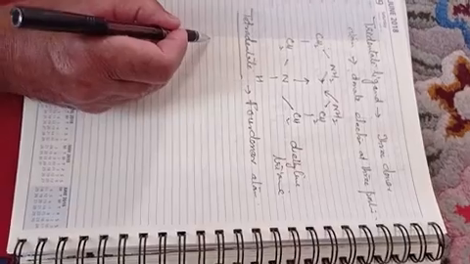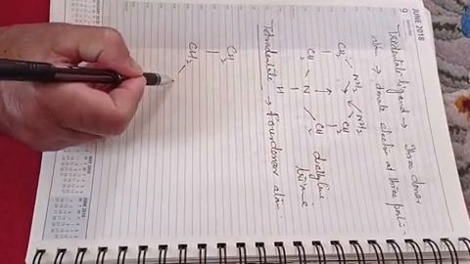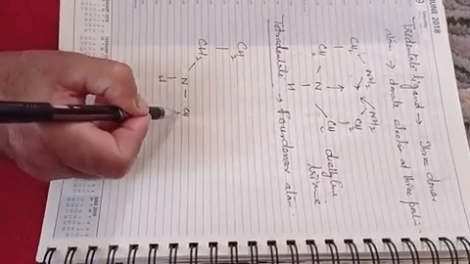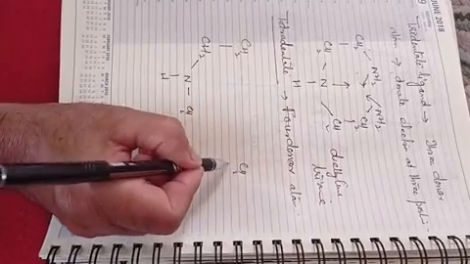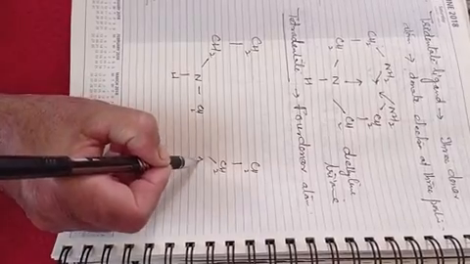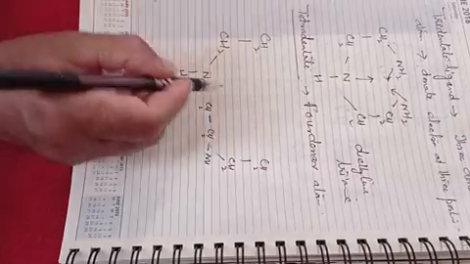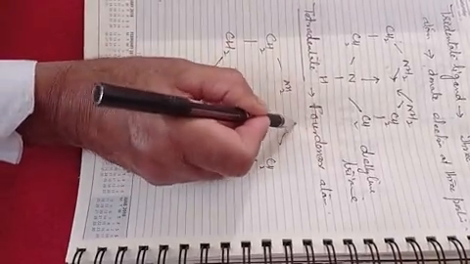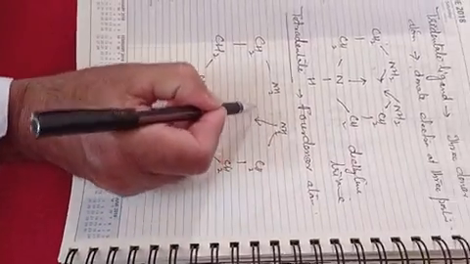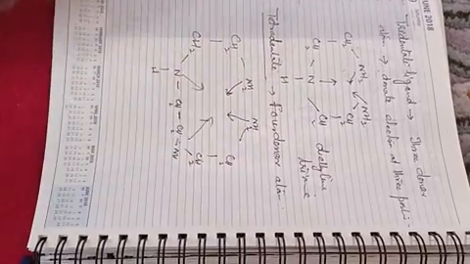Here in this triethylene tetraamine, this nitrogen is used for donation, this nitrogen is used for donation, and this nitrogen is used for donation, and this is a tetradentate ligand.